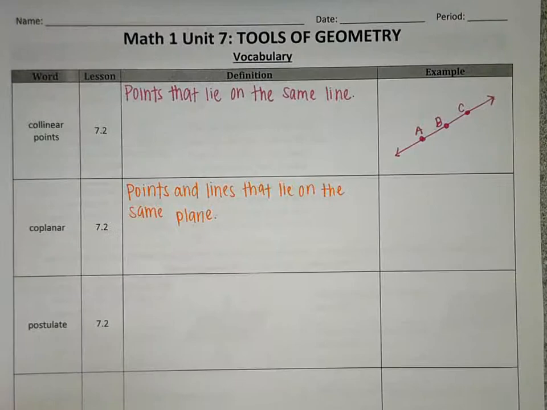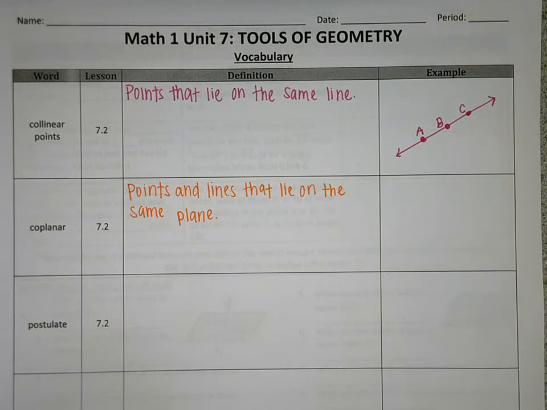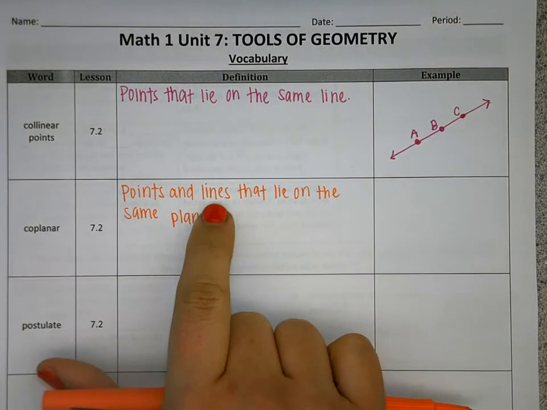So when we get into the notes, we're going to talk about points, lines, and planes to start. A plane, just really quick before we write it down, is a flat surface that has no end and no thickness and goes on forever and ever, and points and lines can be on a plane. So that's why we say points and lines.